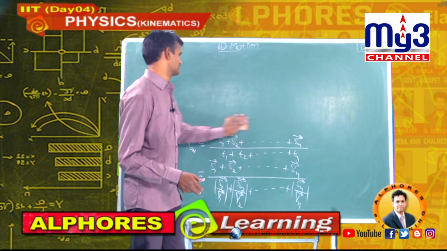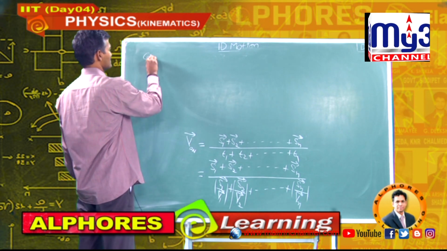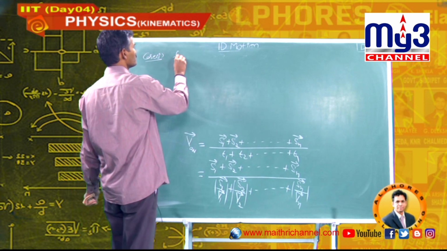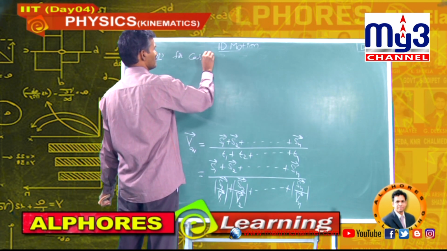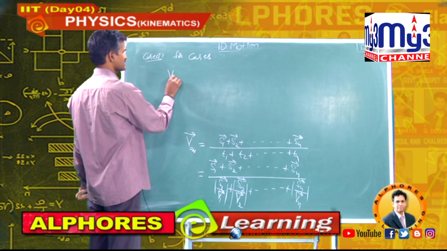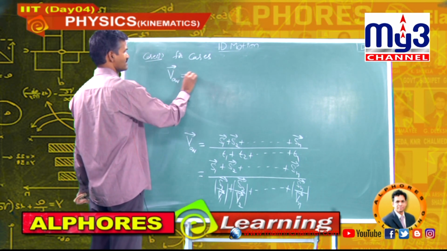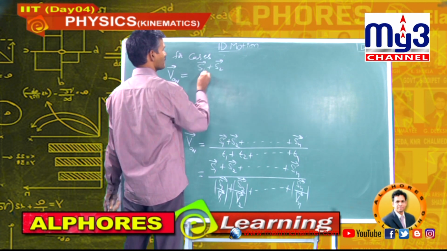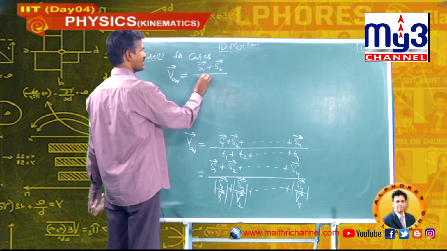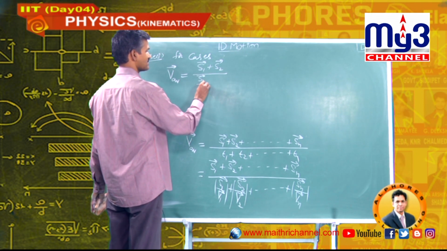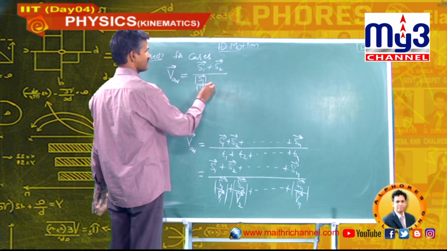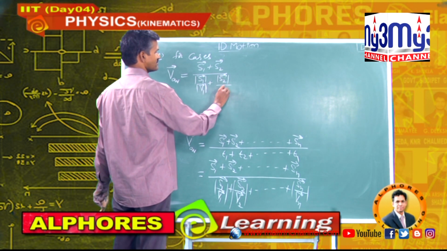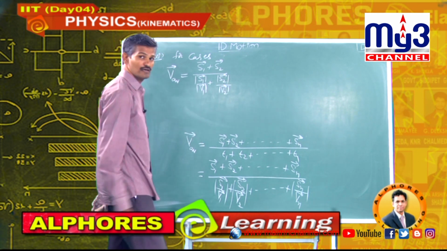Suppose case 1, if you consider only two cases, this formula becomes V average bar is (S1 bar plus S2 bar) by (mod S1 by V1 bar mod plus mod S2 by V2 bar mod), right.